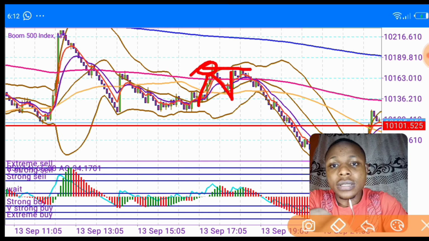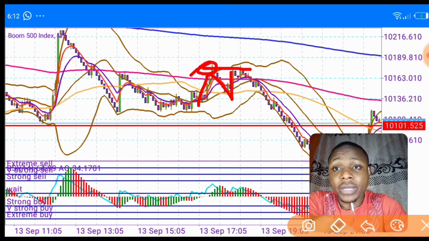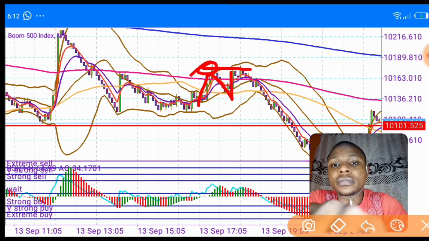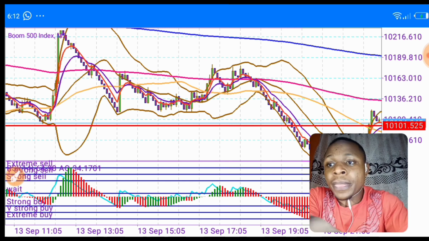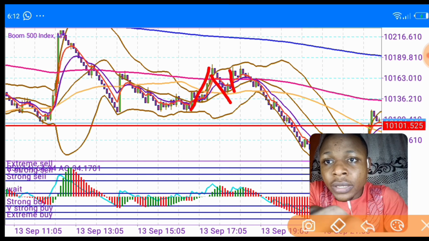So this is very good for selling. This is a good strategy for selling boom or buying crash. So see what happened over there. It has been spiking, it retraced, then spiked again.